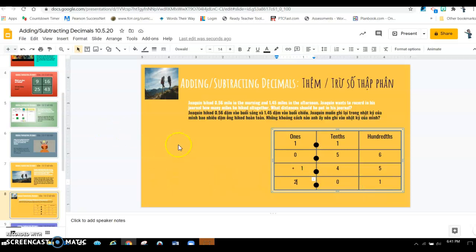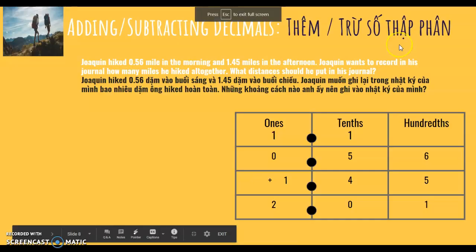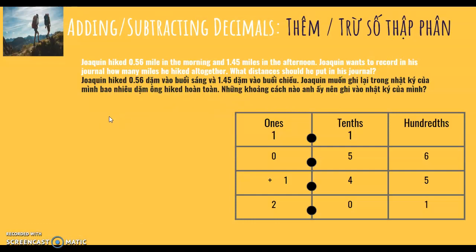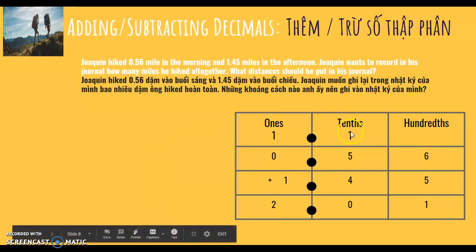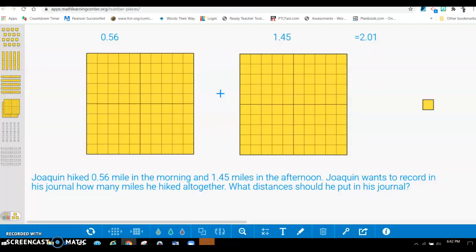All right, ladies and gentlemen, I hope this helps you understand that when you are using concrete models, specifically base 10 flats and rods and units, we can have them correlate to our numbers, and we can combine them and come up with an answer when we're adding.